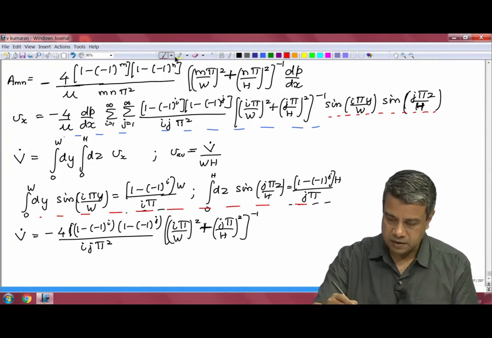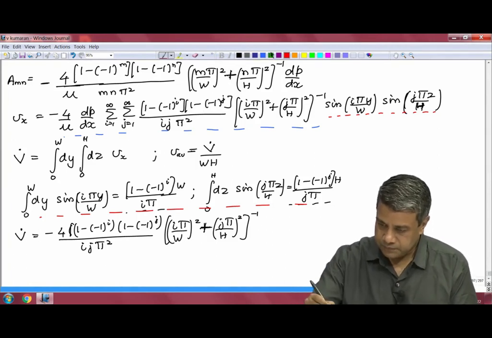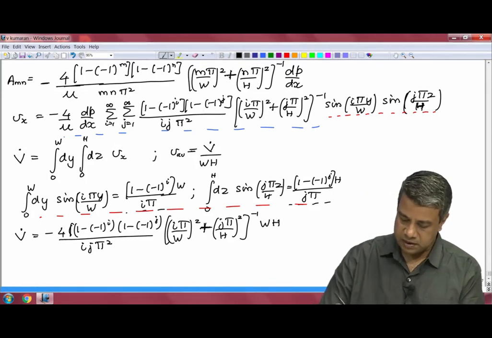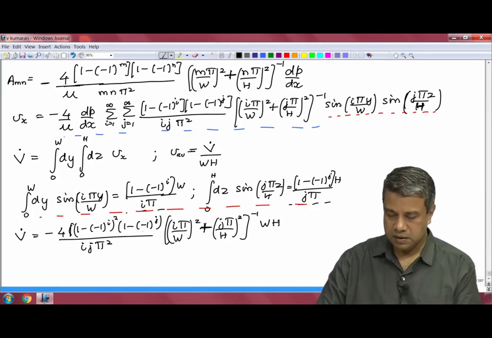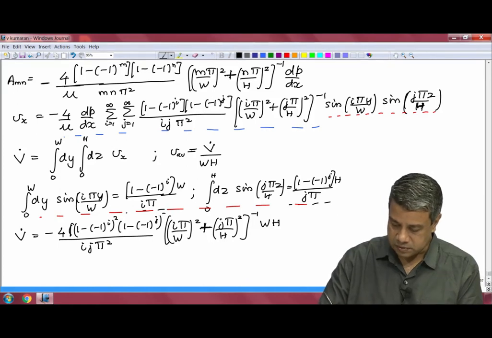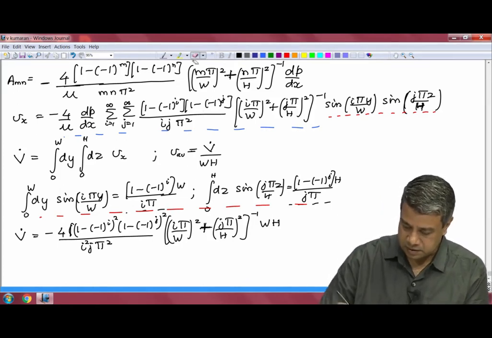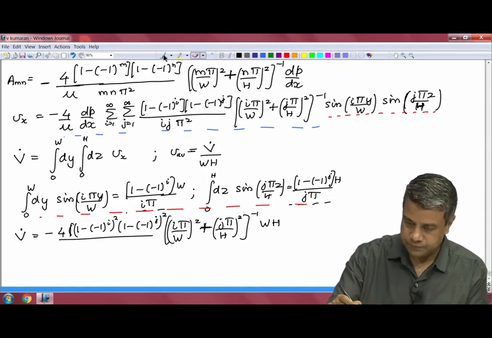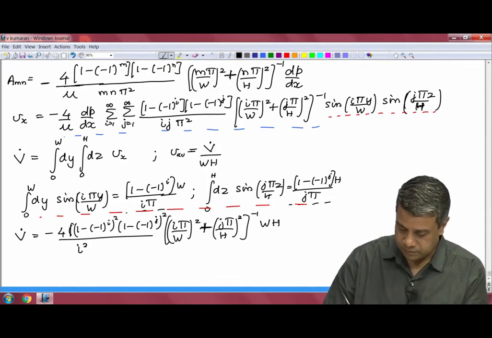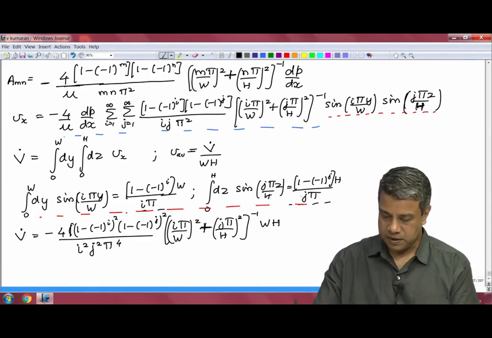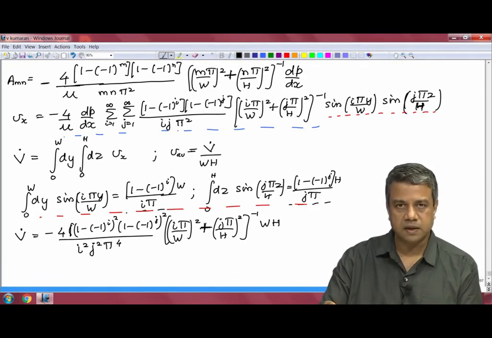Those will just give me a factor of WH into 1 minus minus 1 power i the whole square, 1 minus minus 1 power j the whole square divided by i square, let me write that again, pi to the 4. There are two pi's here, pi square, and there is a pi square here in the denominator.